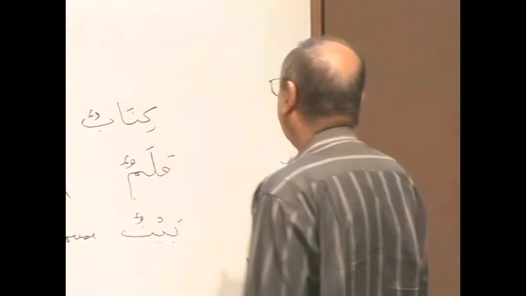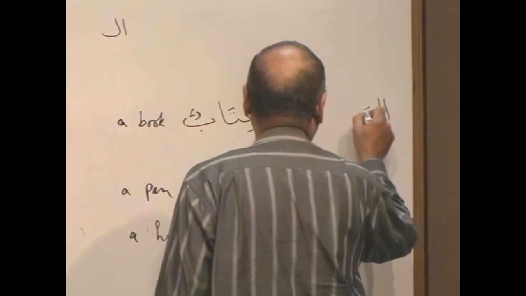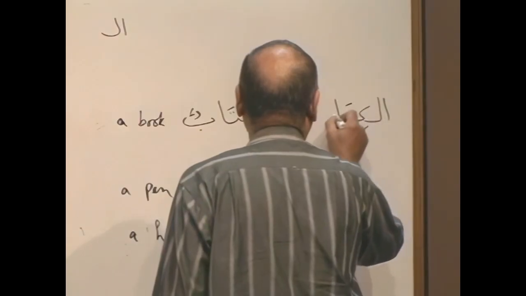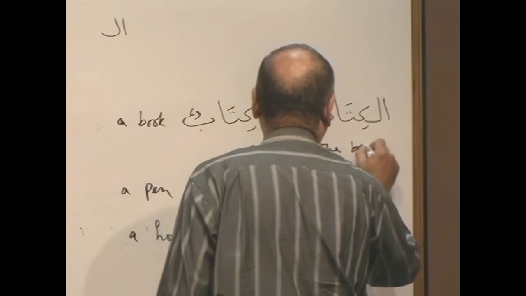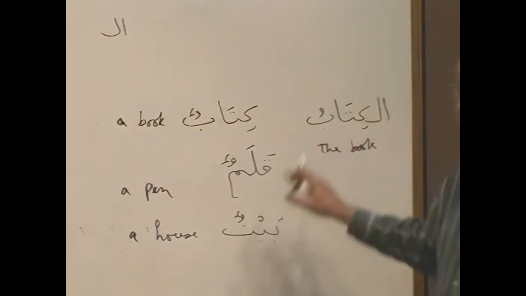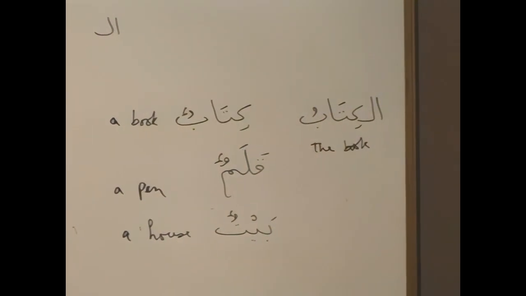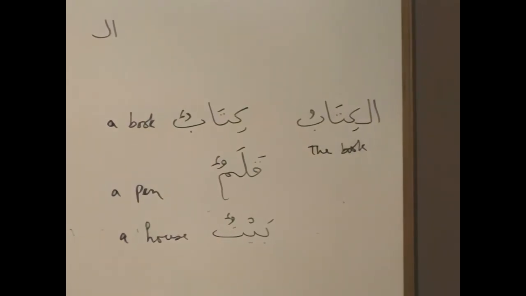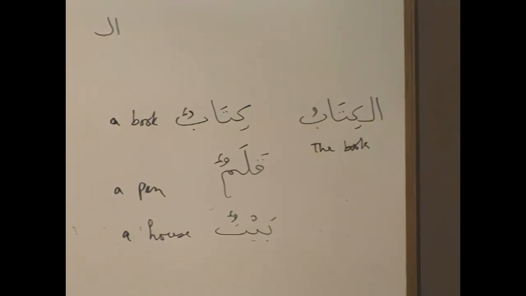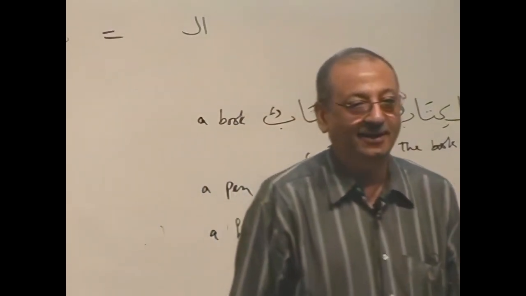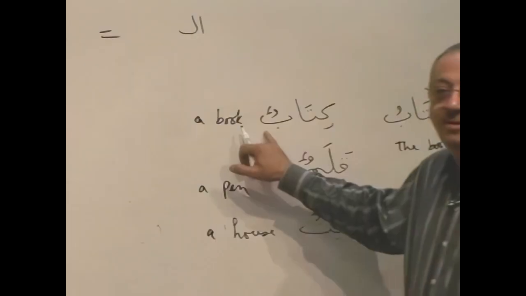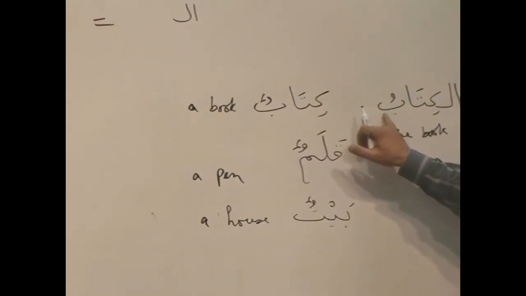Al-kitabu. I cannot have tanween. Al-kitabu, the book. Okay, brothers and sisters? Now you see, as soon as I put al, like magic, one vowel sign got dropped. Instead of bun, it became bu.